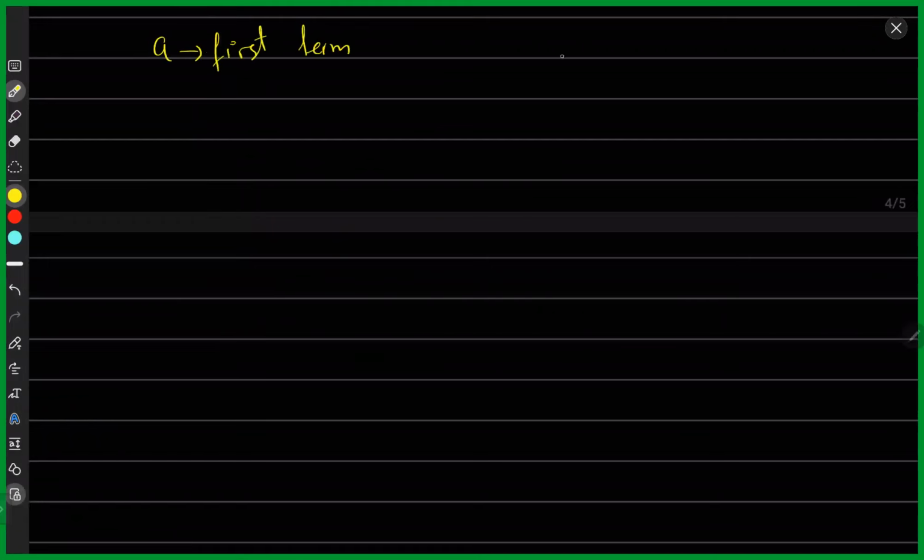And then we have R. R is basically the common ratio. And I'll tell you how to find out the common ratio. Let's say we have 2, 6, 18, 54, and so on.